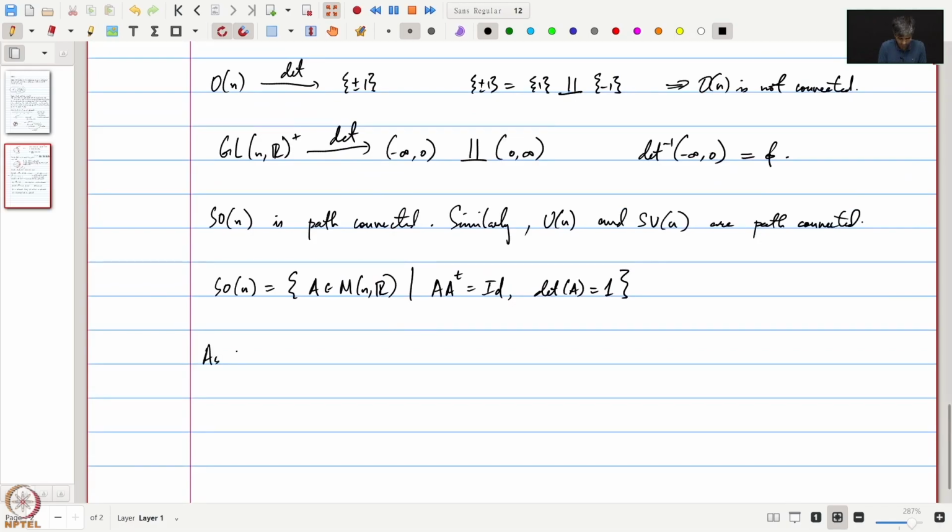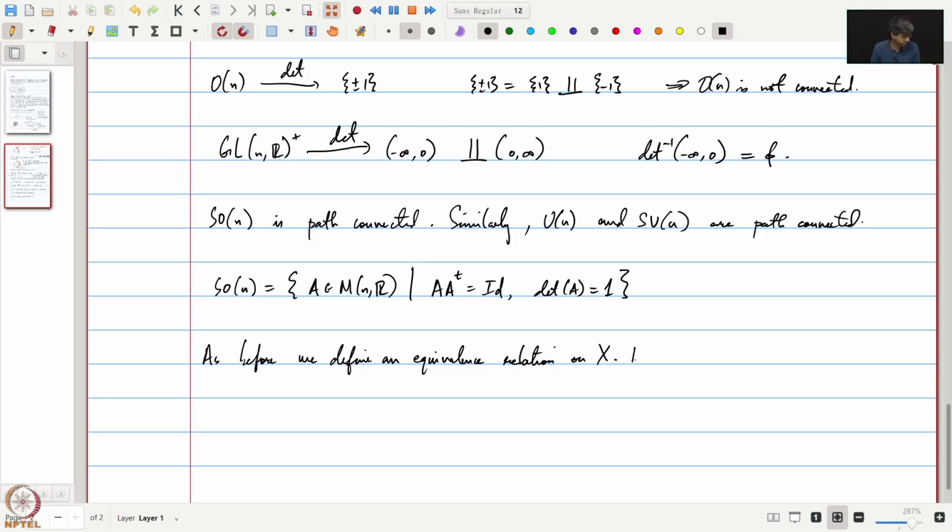As before, we define an equivalence relation on X. This time, we define the relation as follows.